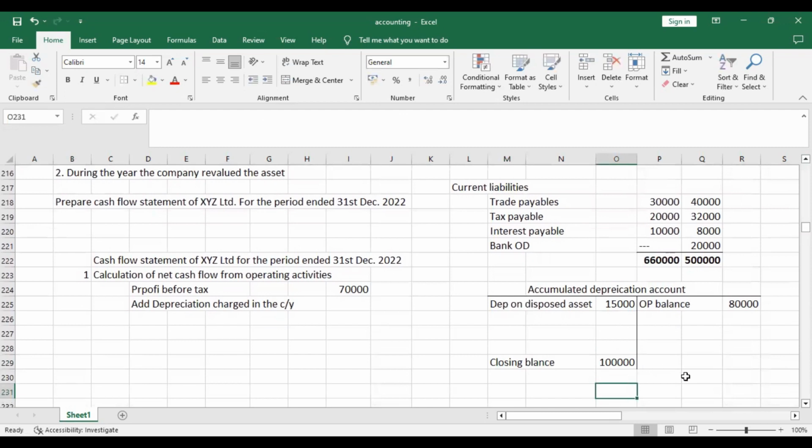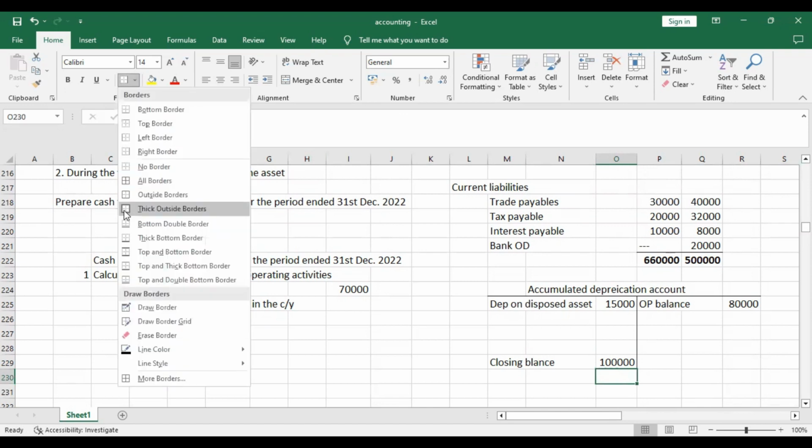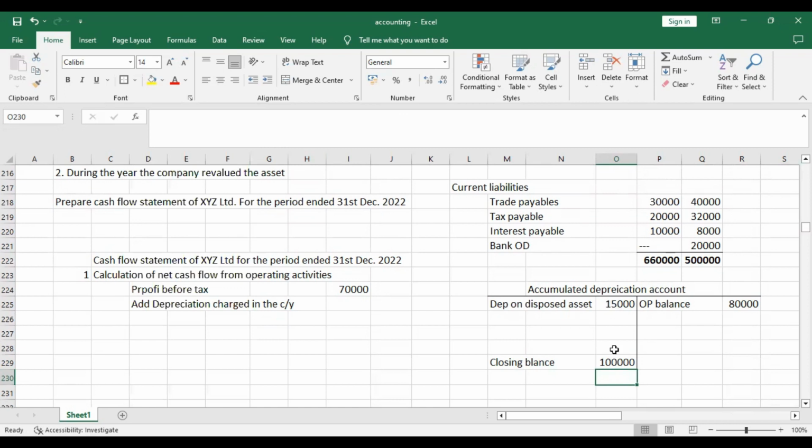Now, when you balance it, there is a gap on the debit side. How much is this? 115,000. So take the same figure, 115,000, on the credit side also. So how much is the depreciation that you can find out?